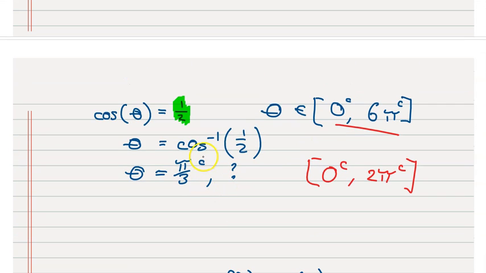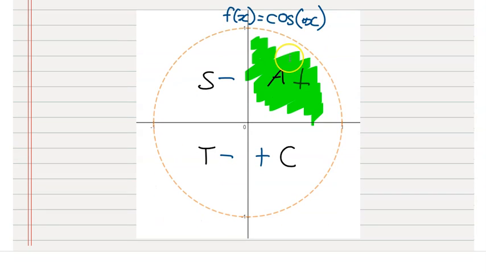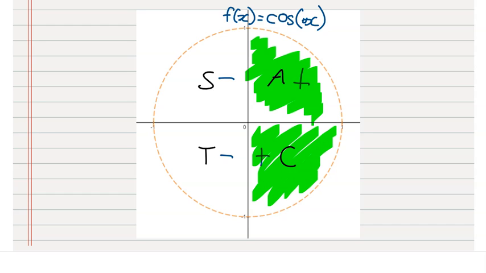Notice we've got a ratio of half. This is positive, so we're going to expect to have our solutions in quadrant 1 and in quadrant 4. The angles being 0 radians, pi on 2 radians, 3 pi over 2 radians and 2 pi radians. So we're going to expect our two solutions in these two quadrants here.